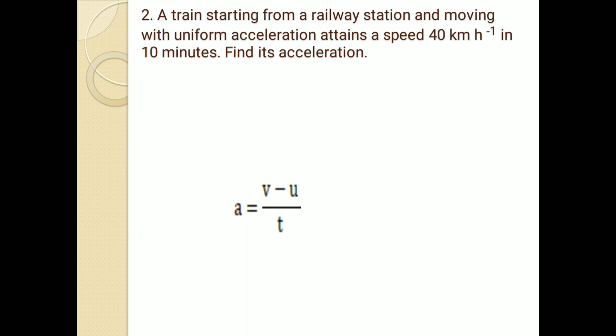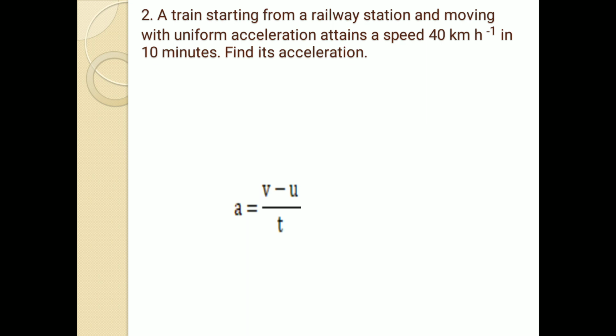So first you need to find out which one is initial velocity and which one is final velocity, okay? So only one velocity they have given, 40 kilometer per hour. Is that initial or final? See what they have given: a train starting from railway station. A train starting from railway station means, obviously, in the railway station the train is at rest, okay?